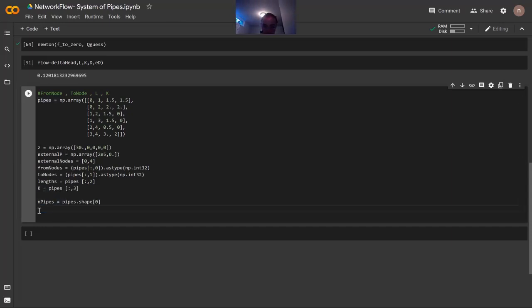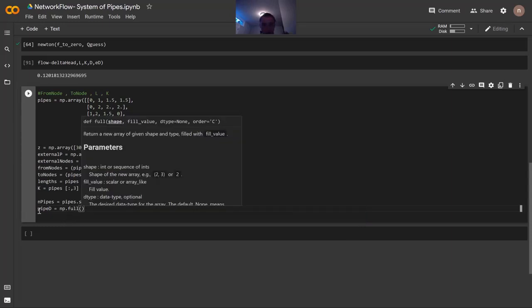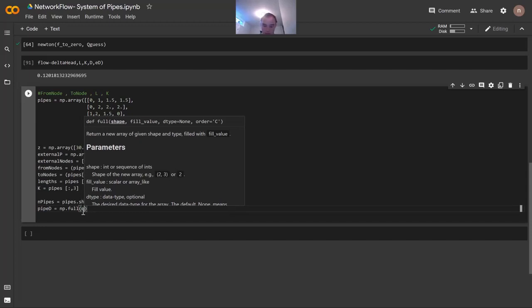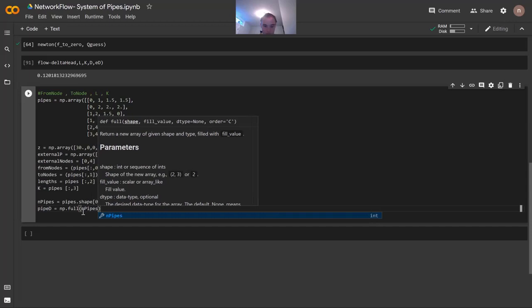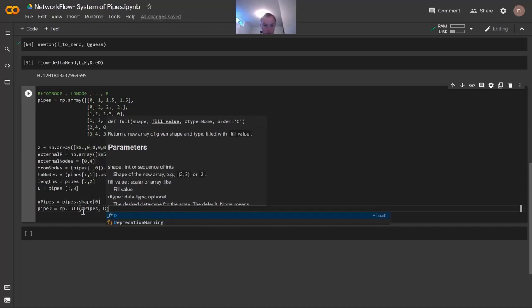Pipe diameter is going to be the np.full, which returns a new array of given shape and type filled with a fill value. That's why it's the np.full. So our shape is going to be the number of pipes, and then our fill value, which we were interested in, will be our diameter.